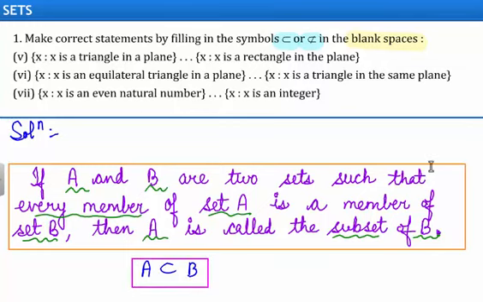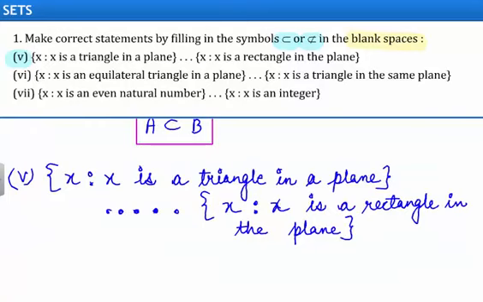So let us now consider the pair of sets given in the fifth part of the question. So the first set is given as X such that X is a triangle in a plane, and the second set is given as X is a rectangle in the same plane. Now from the definition of triangle and rectangle, it is very clear that none of the elements of the first set is also a member of the second set.